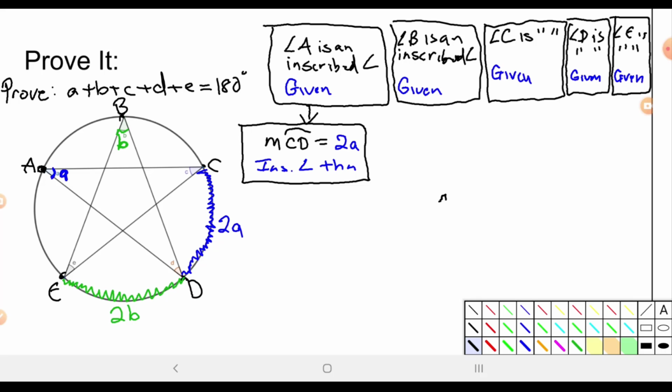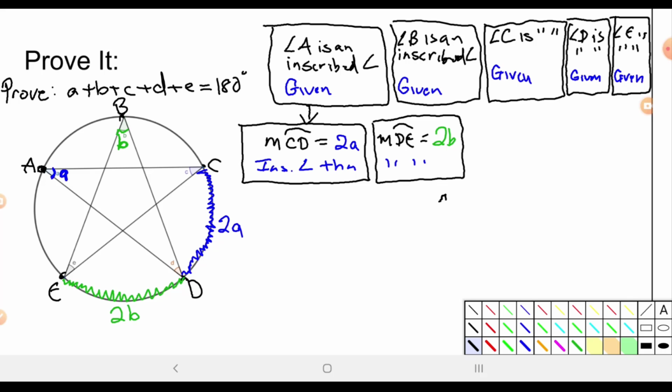Then I can write over here the measure of arc DE is equal to 2B. Perfect. And how do you know that? Same reason as before. Inscribed. I'm just going to put little colons here, so that way I don't have to fit it all in there. So we know the same reason, because of the inscribed angle theorem.